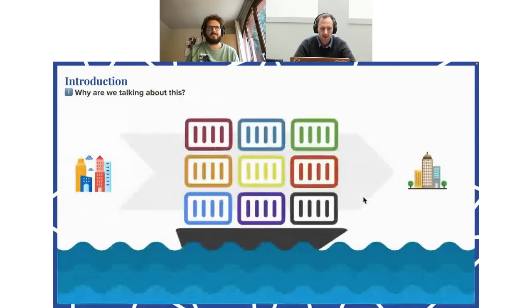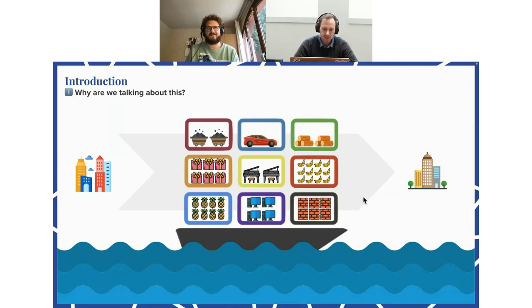All right, so why are we doing this, right? So I gave the analogy in the beginning that shipping containers are actually really cool because they can ship any kind of good from A to B, as long as it fits in a shipping container, right? So it can be cars, it can be bananas, it can be presents, it can be computers.